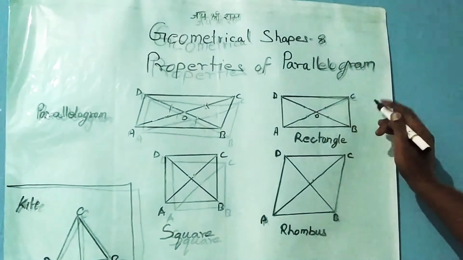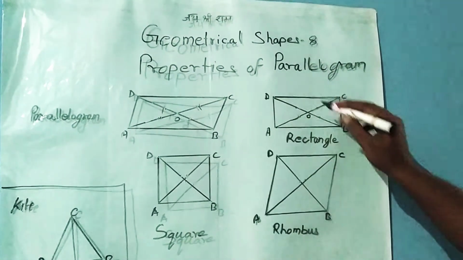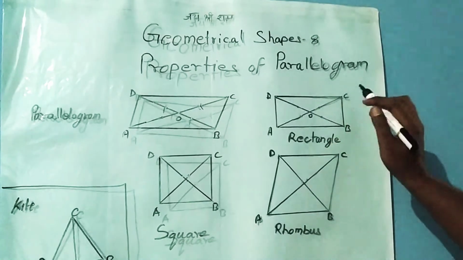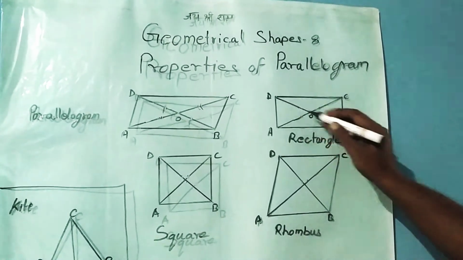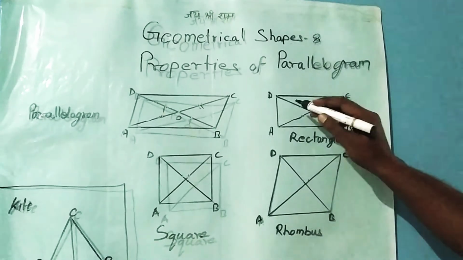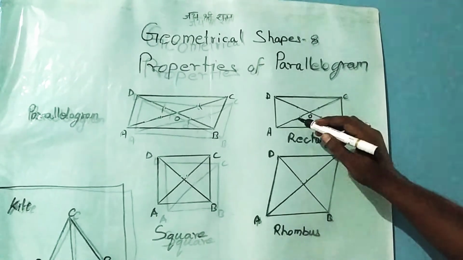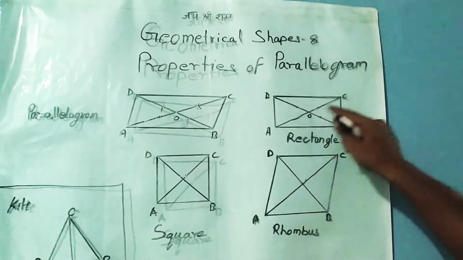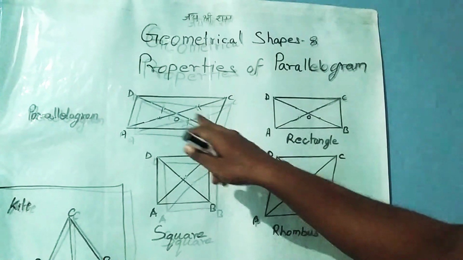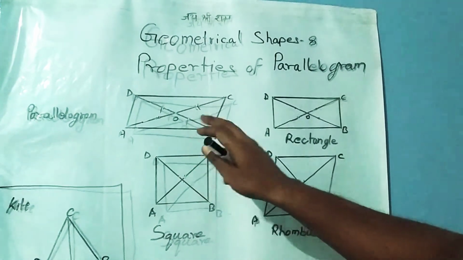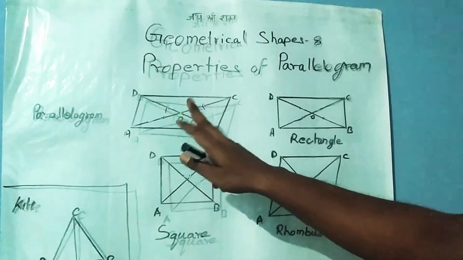In all the cases it is the same, but in case of a rectangle the diagonals intersect at the midpoint and the lengths of the diagonals are the same, meaning the length of AC is equal to BD. But in case of this parallelogram it is not equal, but they intersect at the midpoint.